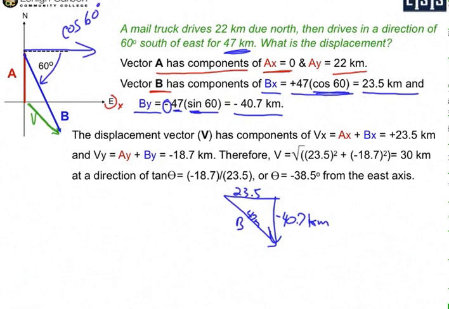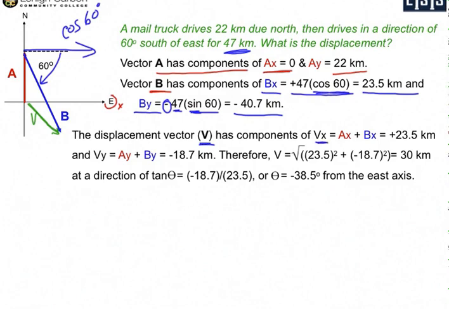Now we will just add our components together. So for our overall vector V, Vx, the sum of the x directions, Ax plus Bx, is going to be 0 plus 23.5, or a positive 23.5, which makes sense. If you look over here, it is in the positive x direction, when we look at our green resultant here.